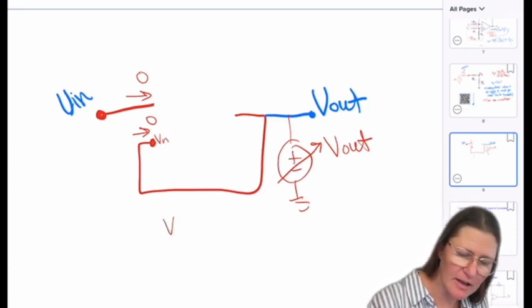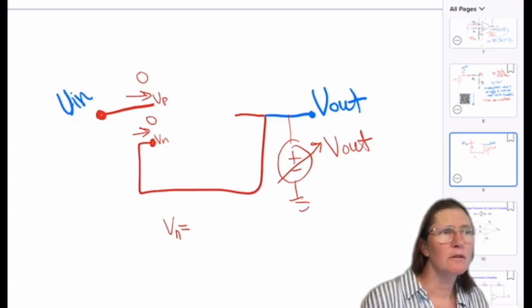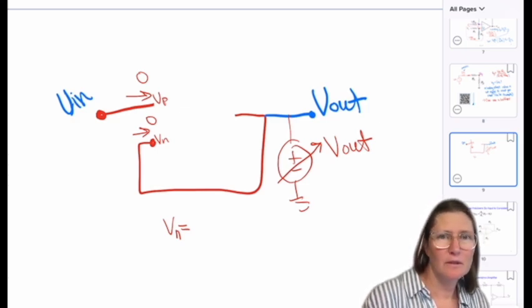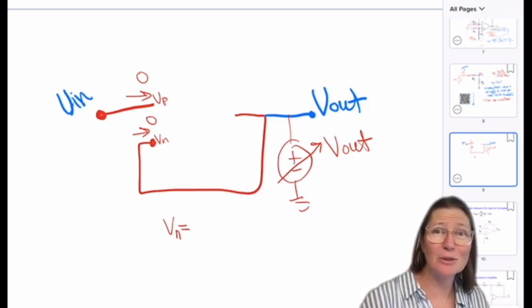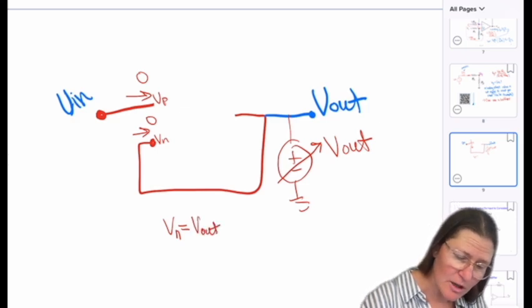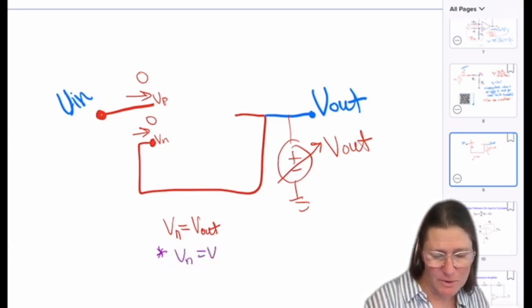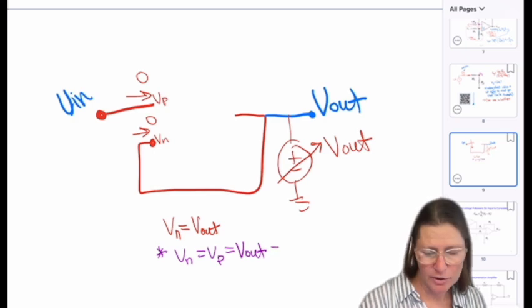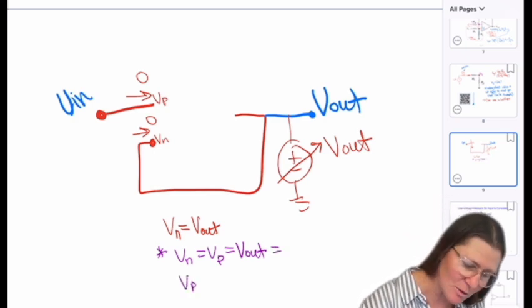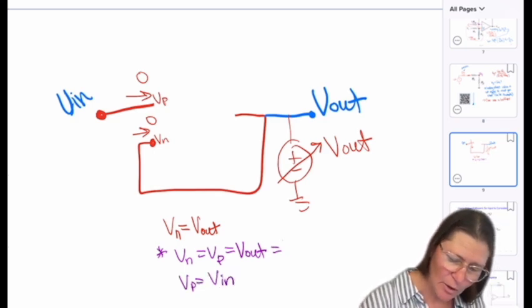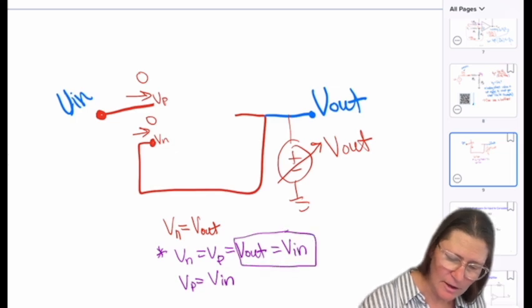So this was Vn and this is Vp. So Vn equals V out. And remember, the key to solving the op-amp is to say Vn equals Vp. So in this case, if Vn equals Vp, that's also equal to V out. And we also know that Vp is equal to Vn. So V out is going to equal Vn.